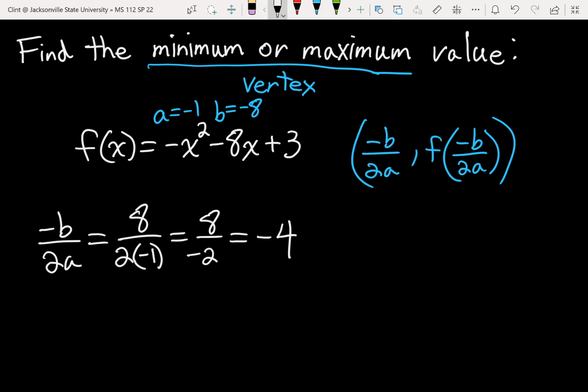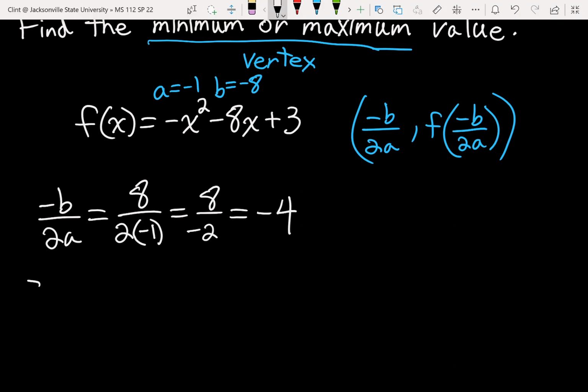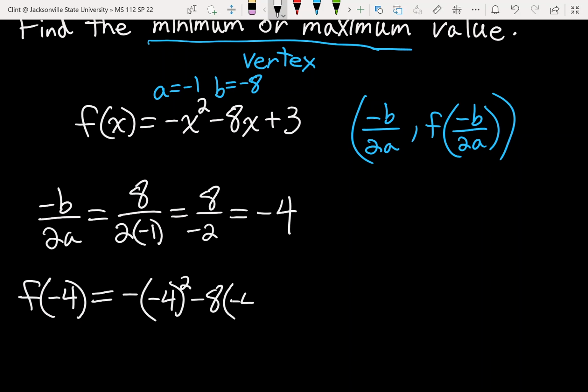If it asked me where the minimum or the maximum occurred, we would be done. But it actually asked for the minimum or maximum value, so we need the y-coordinate of the vertex. So we'll plug our number from the last step in. So f of negative 4.